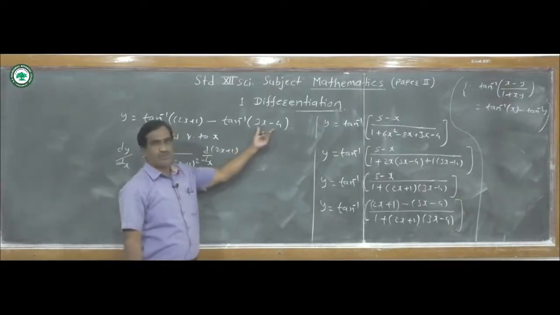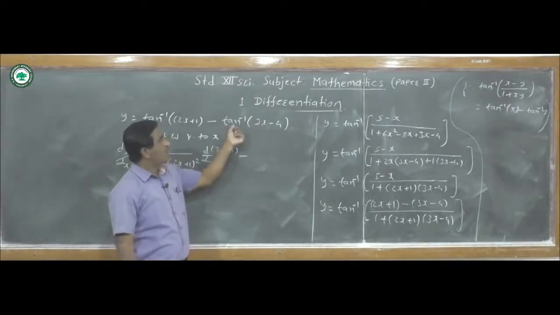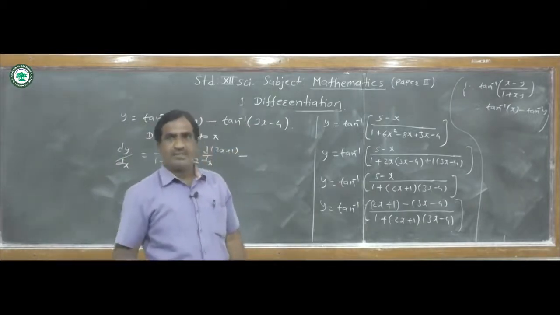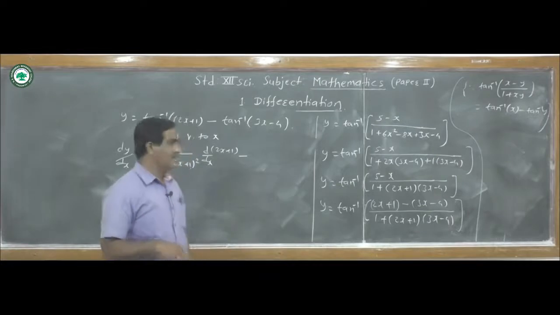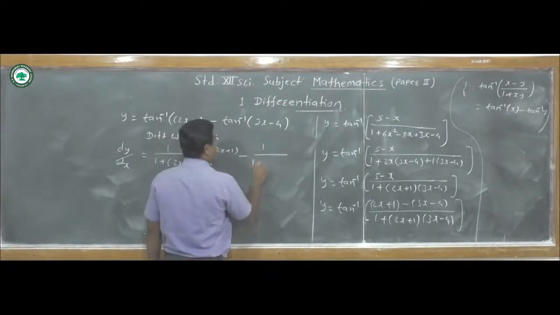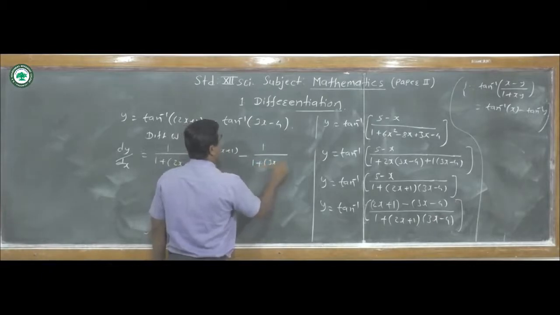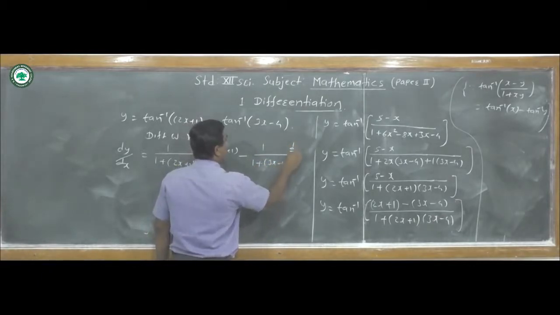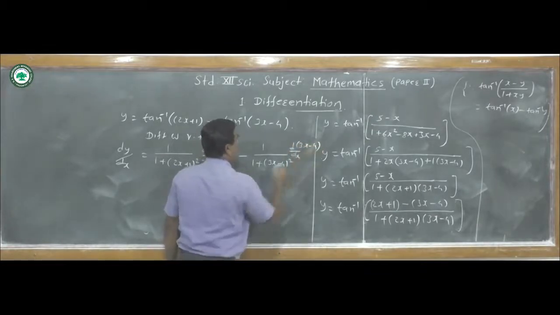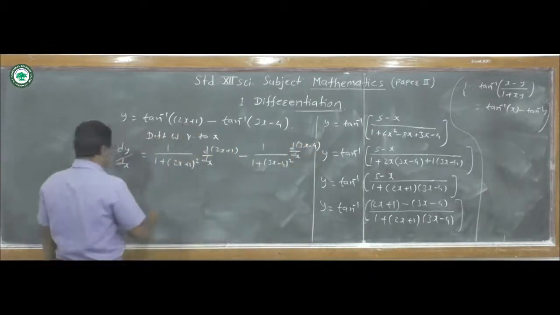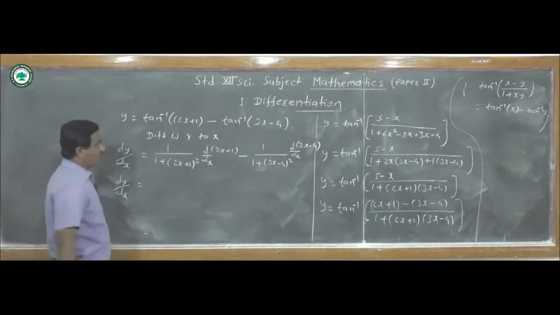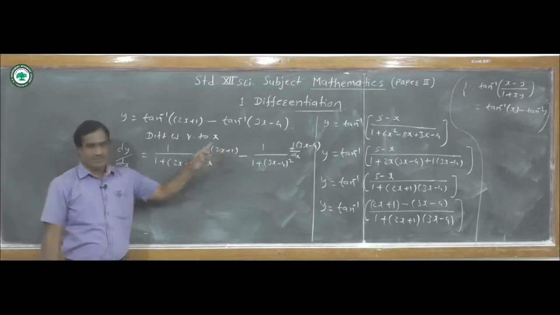Suppose 3x minus 4 as f of x, derivative of tan inverse of f of x is 1 upon 1 plus f of x bracket square into f dash of x. Using this formula we can write here 1 upon 1 plus (3x minus 4) bracket square into dy by dx of (3x minus 4).